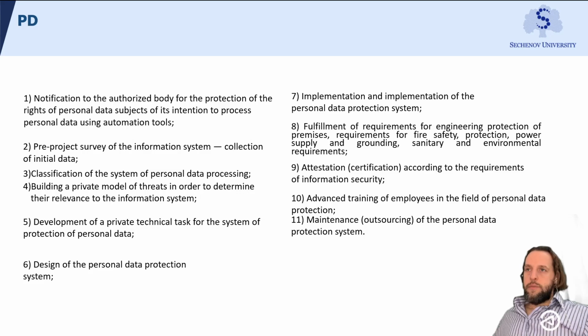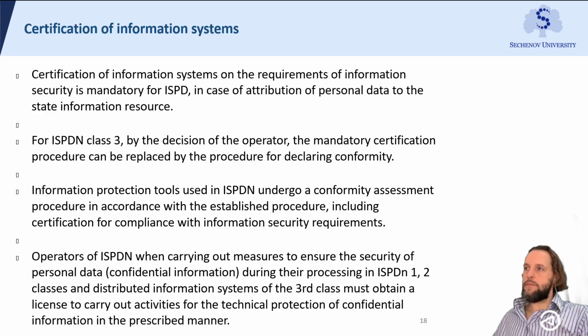Next, we'll need to implement the system in practice and operation and run it with all safety and protection measures which were listed during the design of the system. Next, we'll need to certify the system and train our employees to work on it. And of course, we need to maintain the system so it will be operated with all the required measures.